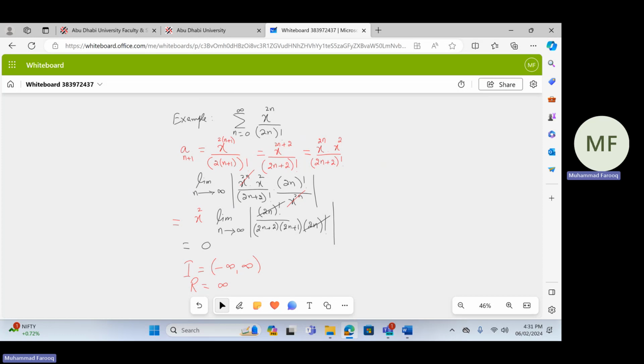Even if you don't consider it, it would be multiplied anyway. Because the factorial is with 2n, not only with n. Here we have a common factor, 2n plus 1, that you can take out.